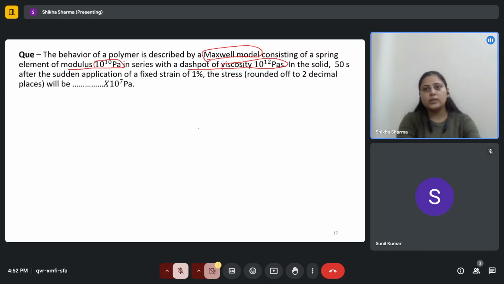So we have the modulus and viscosity of the spring and the dashpot. In that solid, 50 seconds after the sudden application of a fixed strain of 1%. So the strain is fixed at 1% and the time is given as 50 seconds. We need to calculate the stress value.